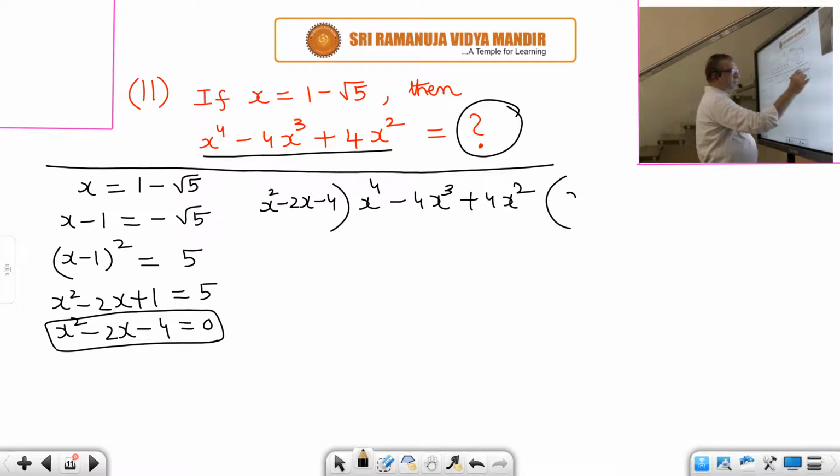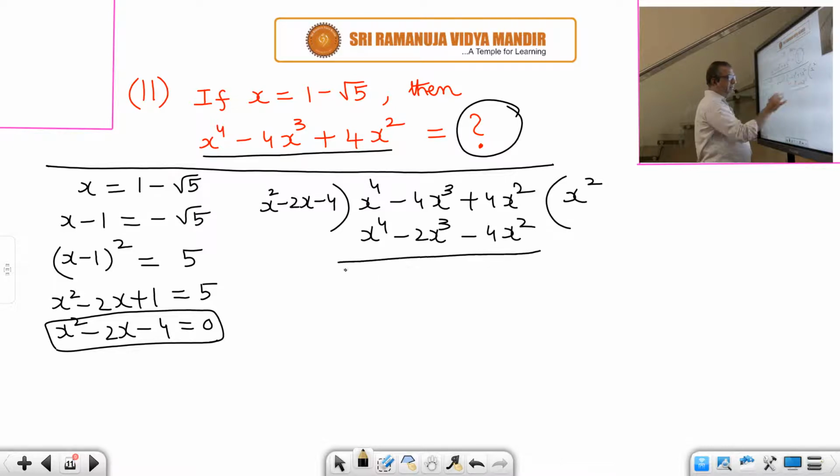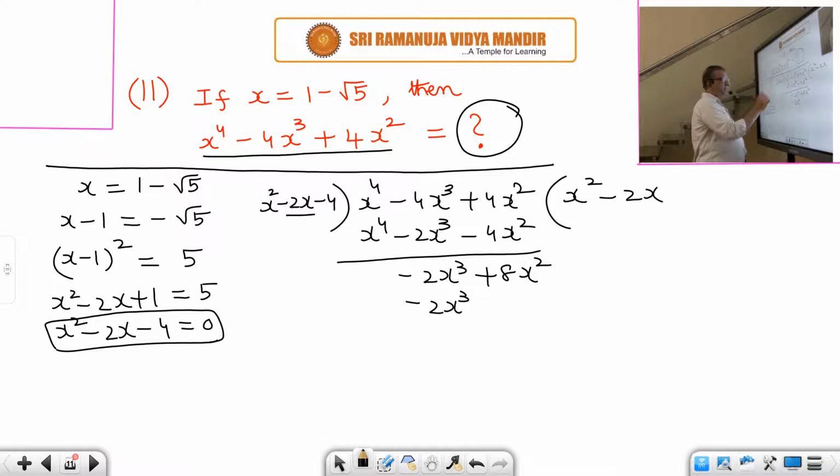x square here. So x square into x square, x power 4 minus 2x cube minus 4x square. Subtract. So x power 4 is gone. Here you will get minus 2x cube, here plus 8x square. Next you will get minus 2x, is it not? Minus 2x into x square is minus 2x cube. Next minus 2x into minus 2x is plus 4x square.